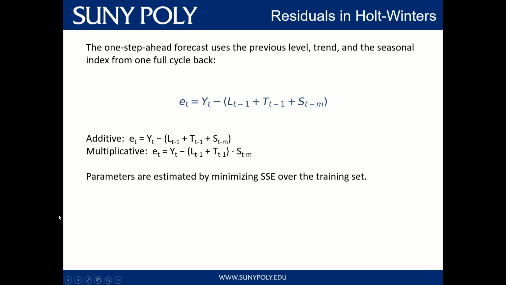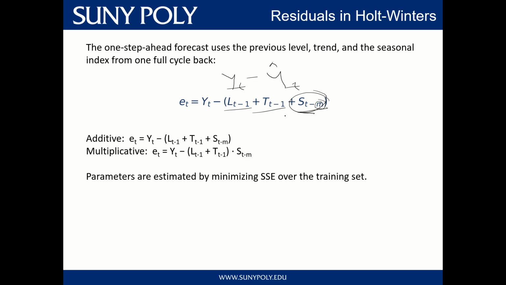Okay. So for the residuals, it's the same idea. It's just Y_t, the real value in the time series, minus the prediction, right? But now you have to consider the seasonality factor. Same idea as the previous slide. So you have the last level that you computed, the latest trend that you computed, and not just the previous one, it's not t minus 1.